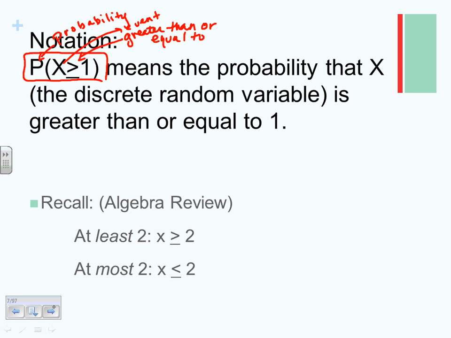It's kind of like in algebra. Remember, if I said x is greater than or equal to, x is less than or equal to, a lot of the time you're going to see the words at least and at most. If I said at least 2, it means the least amount I could have is 2, which means I could have 2 or more. If I said at most 2, it means the most I could have is 2, so I could have 2 or less.